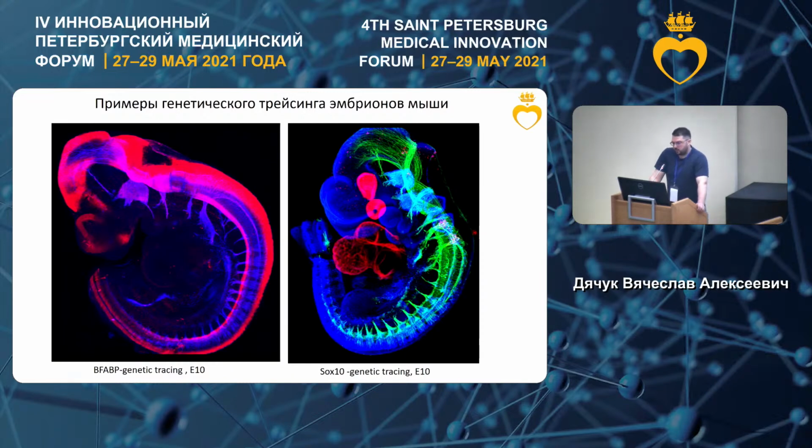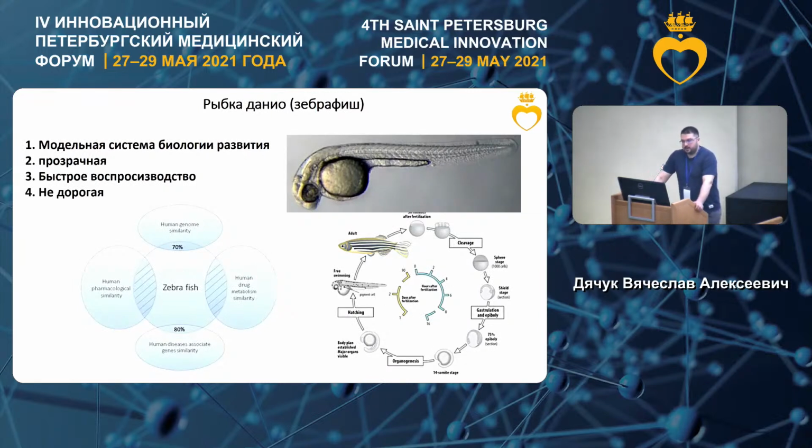The second model is SOX10, which is expressed by glial cells. If this genetic structure is activated, we can label the SOX10 cells with a red marker to demonstrate that your manipulations concern a specific type of cells.